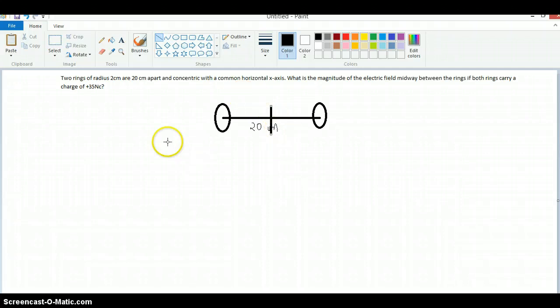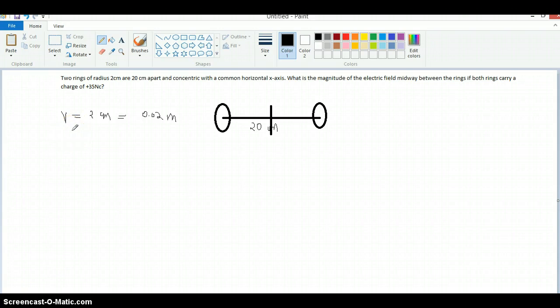I'm given the radius of both the concentric rings, which is 2 centimeters. That's going to be 0.02 meters, actually 10 to the power negative 2 meters.